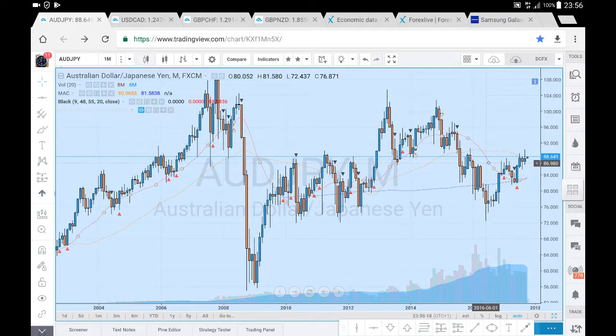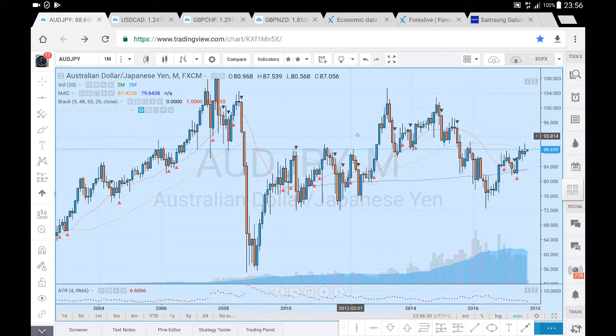Obviously, we are into an area where we have sold off previously in and around the 89 level. If we look over here, that was in 2010, 2011, and also 2012. In and around that 89 mark, we did have some sell off.